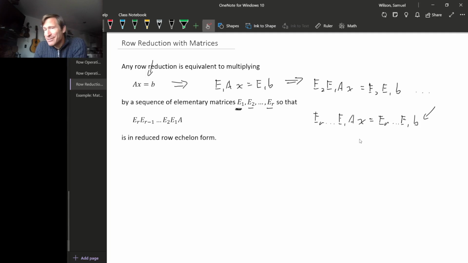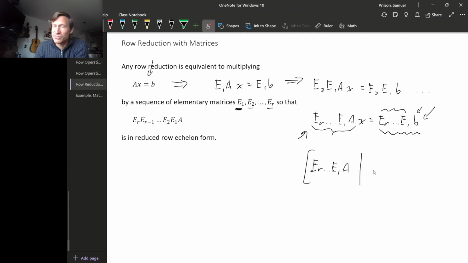Well, at this point, what would the augmented matrix for this system look like? The augmented matrix is, right, this is the matrix part. So the augmented matrix would be E_R down to E1 times A. And then the last column, the augmentation column, is the vector you started with, but with all of the row operations applied.